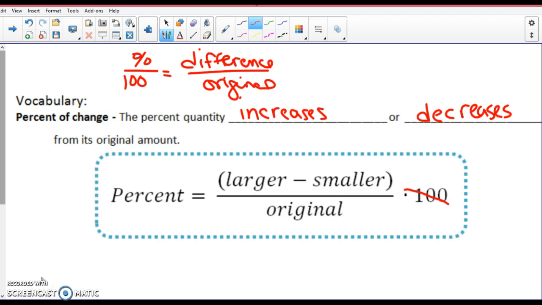The difference means how much the number changed divided by its original. The original number is the starting amount. That always goes on the bottom because you are finding the percent of change based on what it started at. So that'll be the whole.